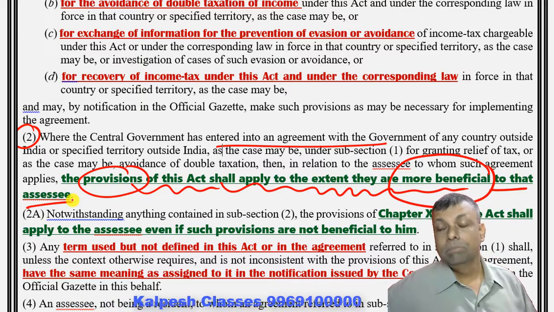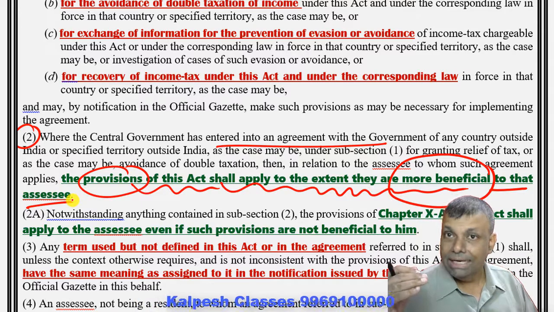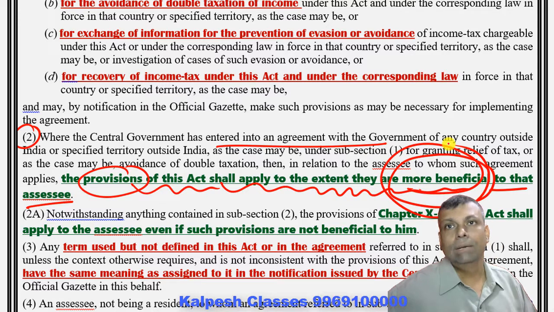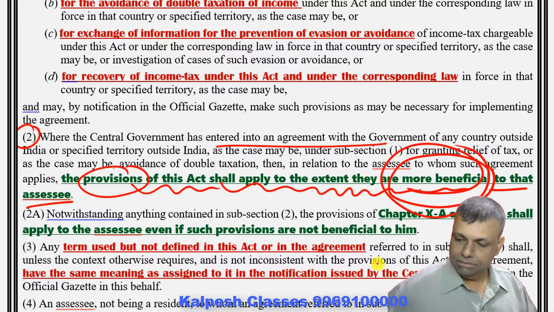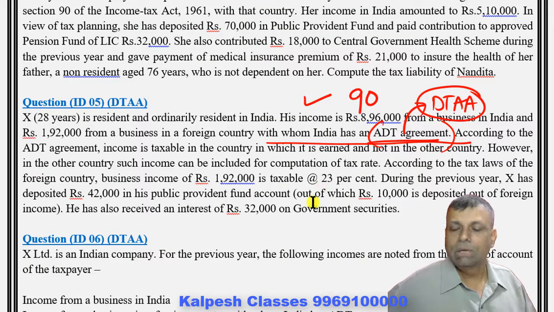That means now you will have to put yourself in a position, Indian tax law or DTAA, that means domestic law or the DTAA, whichever is more beneficial, I repeat, whichever is more beneficial is to be applied. And once you have understood this, then the question becomes very simple.